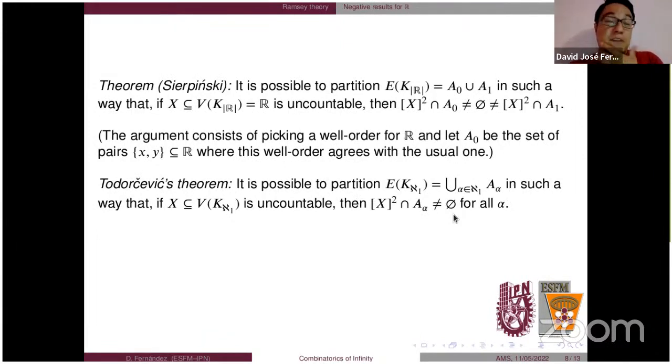So if you think in terms of coloring, this is sometimes known as a rainbow coloring, because basically any set that is large enough will have to show you all the possible colors. So this is not only a negation of what would be the analog of Ramsey's theorem, but a very, very strong negation. This is sometimes known as anti-Ramsey theory and anti-Ramsey theoretic results.